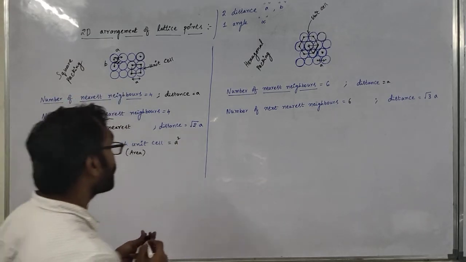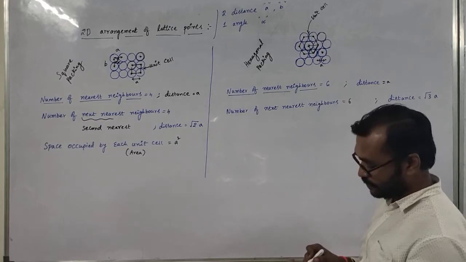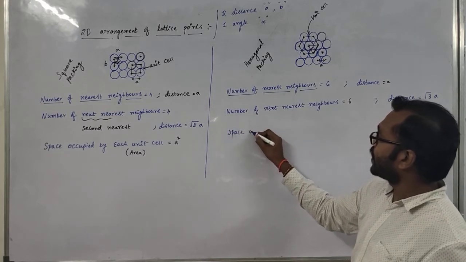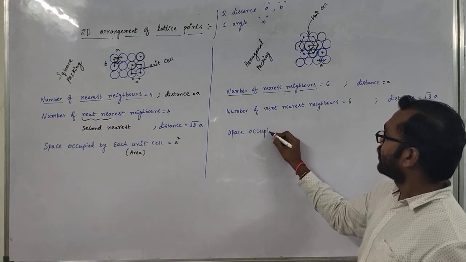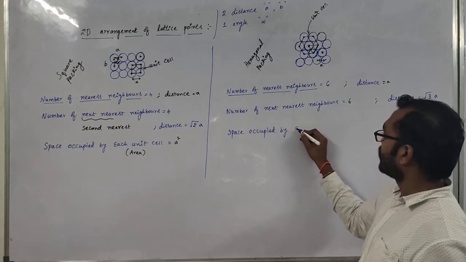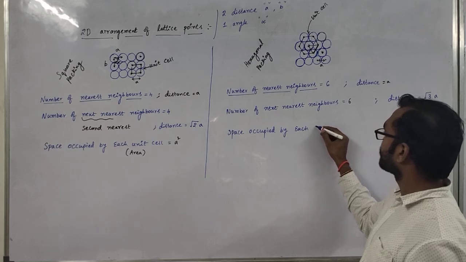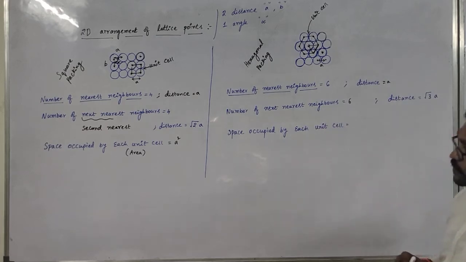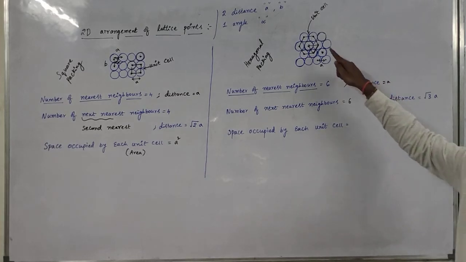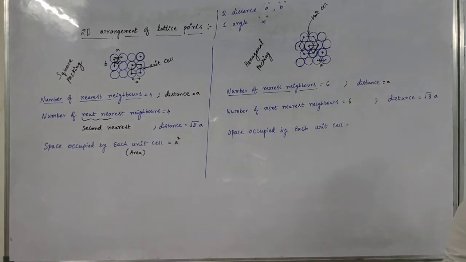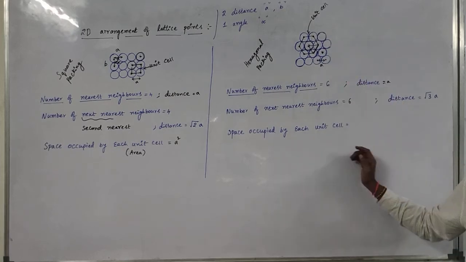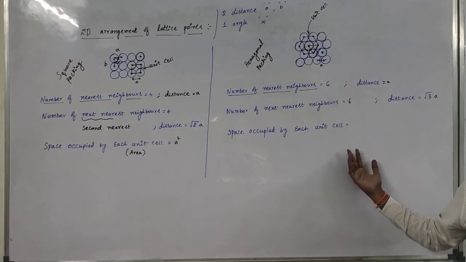Now what about the space occupied by each unit cell here? Here I am assuming the hexagon as the unit cell. If I assume a triangle as the unit cell, then the area of the triangle will be the space occupied by the unit cell.